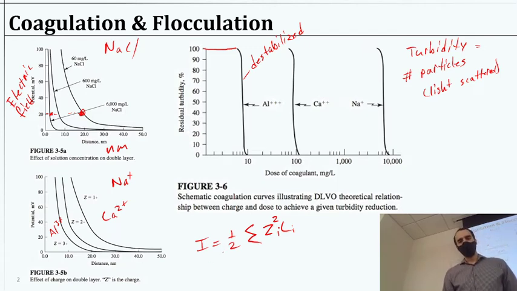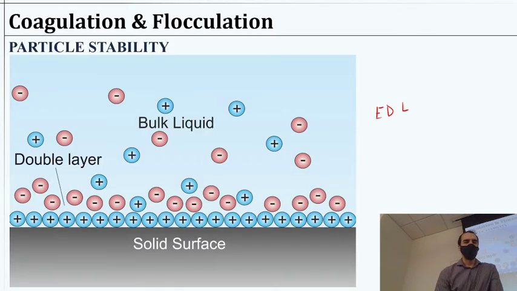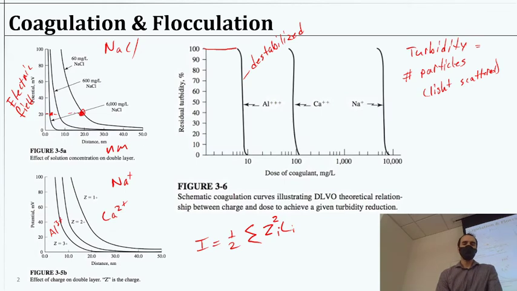Okay, and we understand that because we know that our ionic strength is really what's causing this phenomenon to change, and that depends on the charge squared. So if ionic strength is dictating the stability, because ionic strength is essentially how many charges are available, we can solve for ionic strength for the different species and recognize that the same concentration of aluminum is a lot higher ionic strength than sodium, right? So if we were to take a look at, yeah.